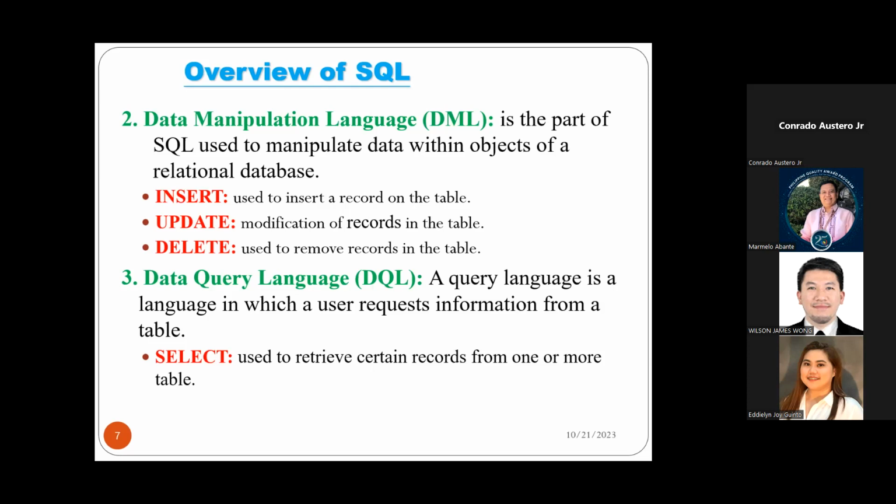Delete is used to remove records in a table. Third, DQL, or the data query language. A query language is a language in which a user requests information from a table. One of its functions is select, used to retrieve certain records from one or more tables.